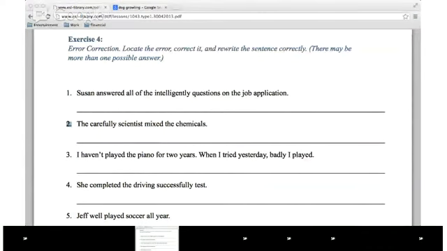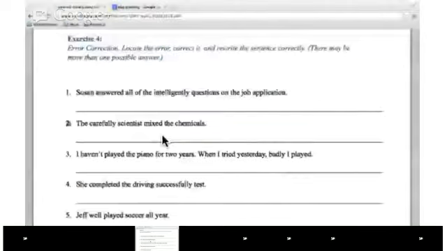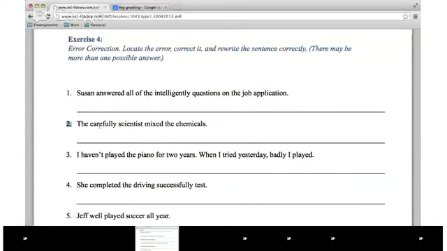Let's see. Yusuf, let me have you read number 2, please. The carefully scientist mixed the chemicals. Okay, what's the problem here? We can say the scientist makes it carefully. The chemicals.